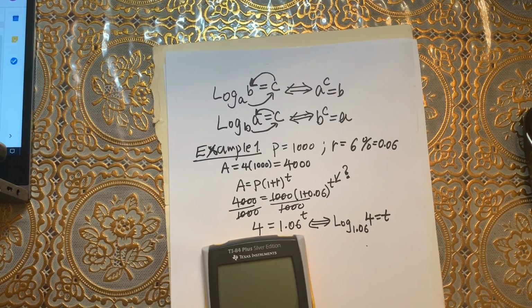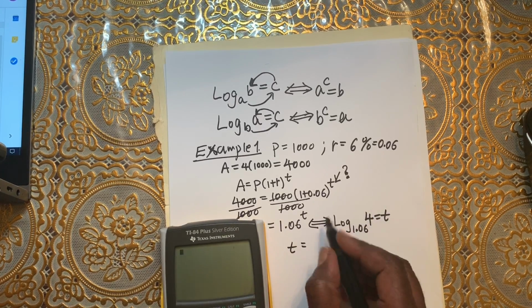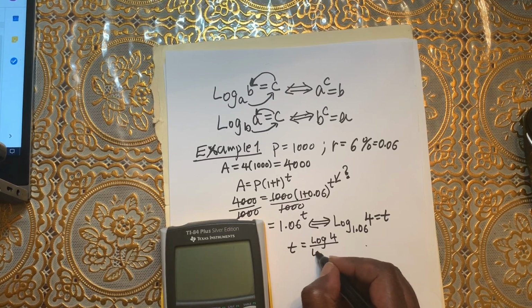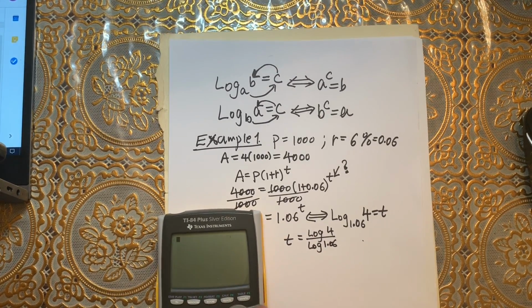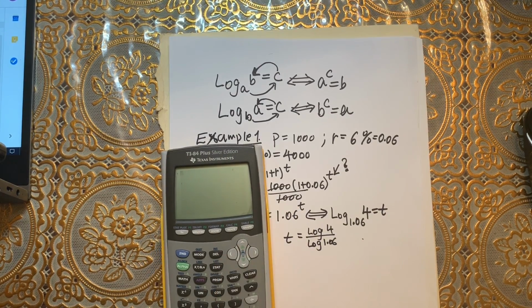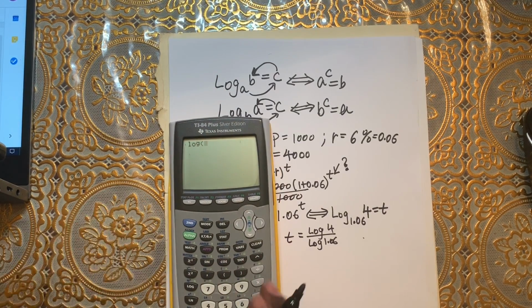If you remember last week we learned about logarithm. To find this log, what we said was log 4 over log 1.06. This will give me the time. So I press the log button, then 4, divided by, again log, 1.06.